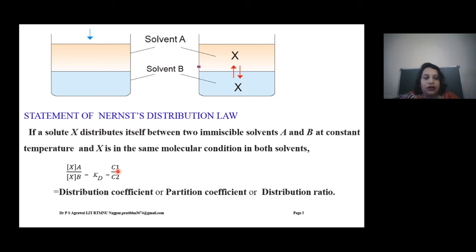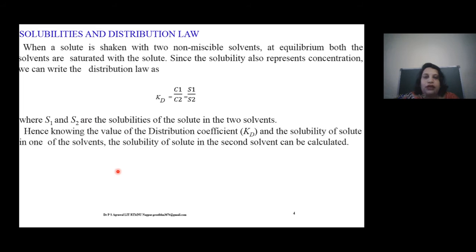Now we will see how solubility is also applicable with the distribution law. When a solute is taken with two immiscible solvents, at equilibrium what happens? Both the solvents are saturated with the solute. Since the solubility also represents the concentration, we can write Kd is equal to C1 upon C2 or S1 upon S2, where S1 and S2 are the solubilities of the solute in the two solvents.